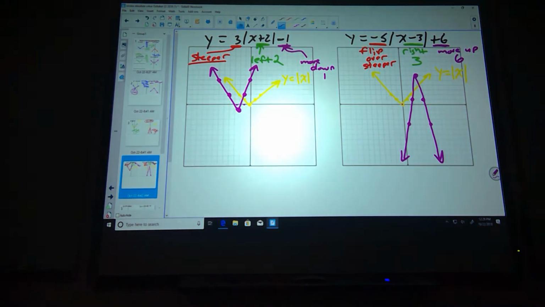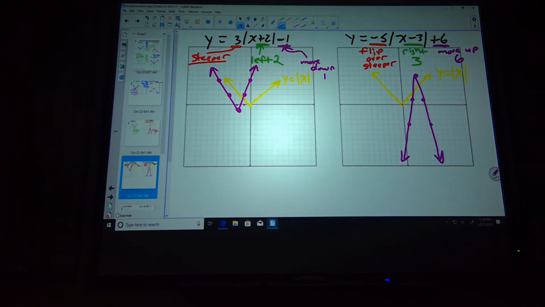So let's use some verbiage. There are actually 4 things that have happened to this graph. Give me the 4 major things. From the yellow to the purple, what is one thing we noticed? It's upside down, so it flipped. Absolutely. And what's the middle point called? The turning point.